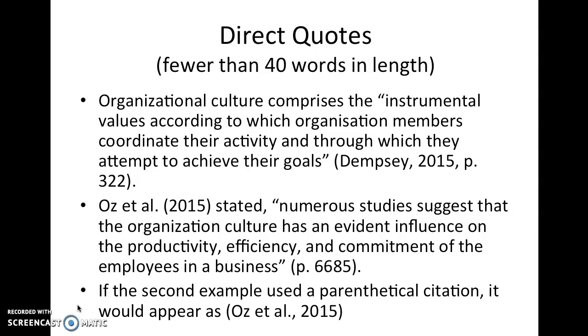Now, when do we use short direct quotes rather than paraphrasing? When we do that, we need to insert quotation marks to show exactly where the quote begins and ends. We also include the page number or the paragraph number to show where the readers can find that exact quotation.